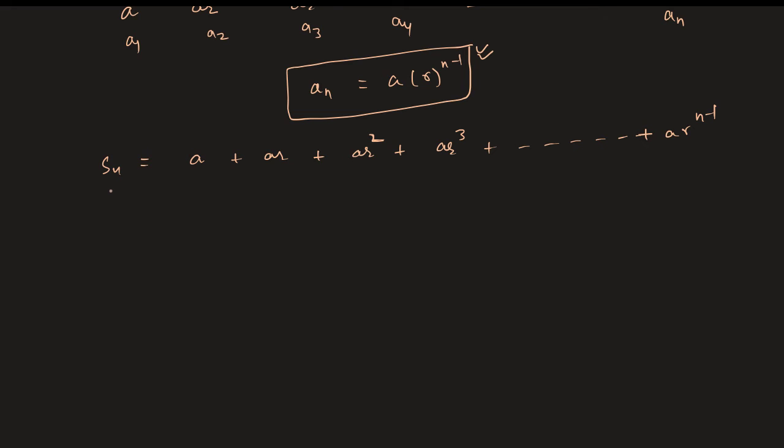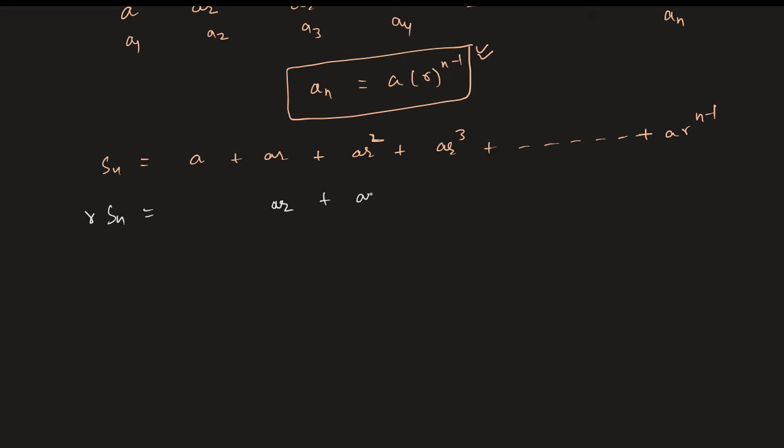This simplification is not necessary to know, but it's good to know. So what I will do is multiply the whole sequence by r. So I can write down r times Sn. Now if you multiply a into r, it would be ar.